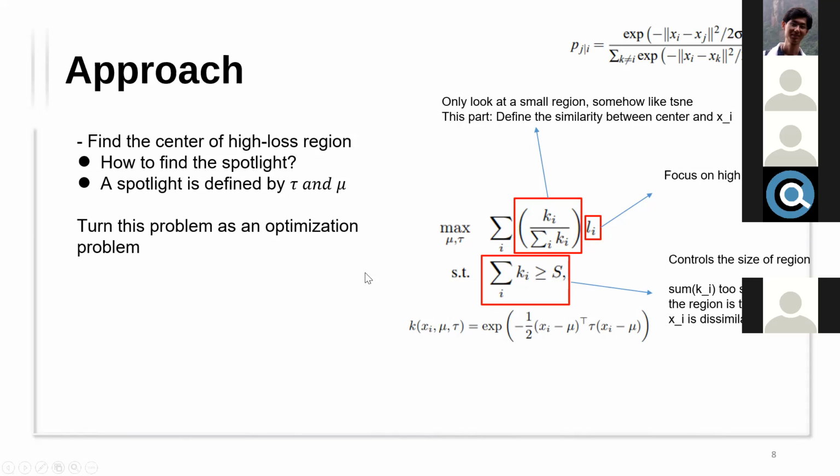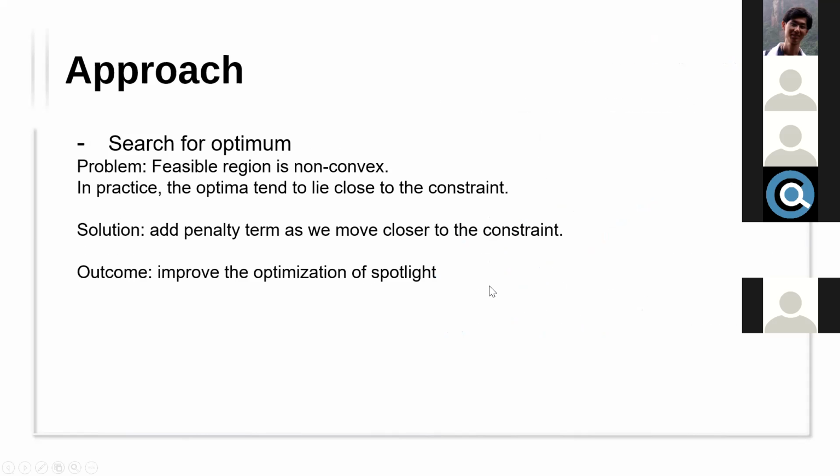After you define this problem, the next step is to search for the optimum. But in practice, they found that because the feasible region is non-convex, it's very difficult to find mu and tau. There are two parameters, so the search is to optimize mu and tau.